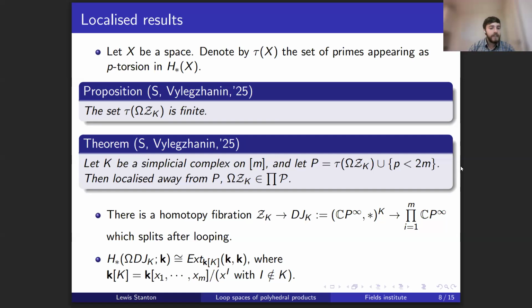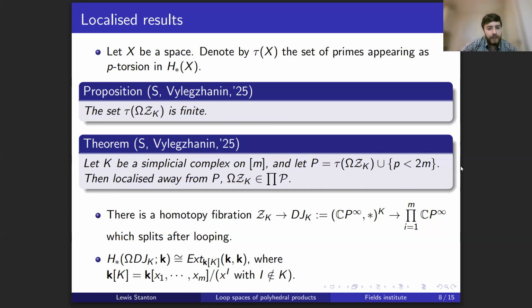But the point is that we use this to show that if you have any simplicial complex K on m vertices, and you let P be the collection of primes appearing as p-torsion in the loop homology of these moment angle complexes, and any prime strictly less than 2n, then when you localize away from these primes P, you actually get that the loops on these moment angle complexes decompose as a product of looped spheres.